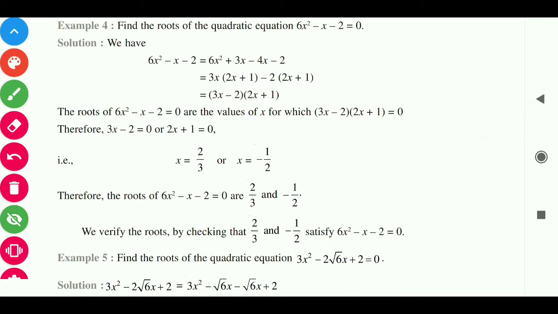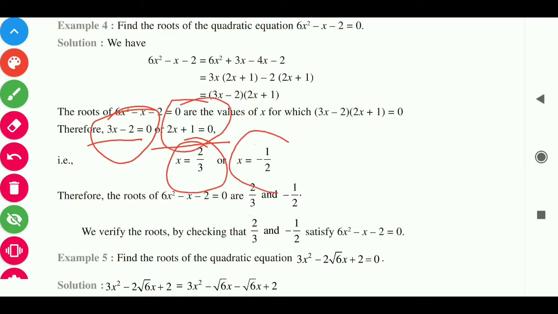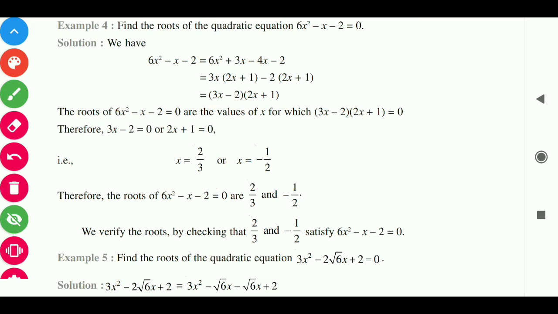Therefore, 3x minus 2 equals to 0 or 2x plus 1 equals to 0. If we take 3x minus 2 equals to 0, then we will get x equals to 2 by 3. If we take 2x plus 1 equals to 0, then we will get x equals to minus 1 by 2. Therefore, the roots of 6x square minus x minus 2 equals to 0 are 2 by 3 and minus 1 by 2.